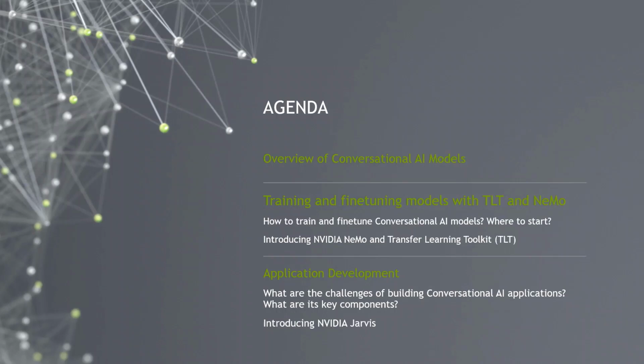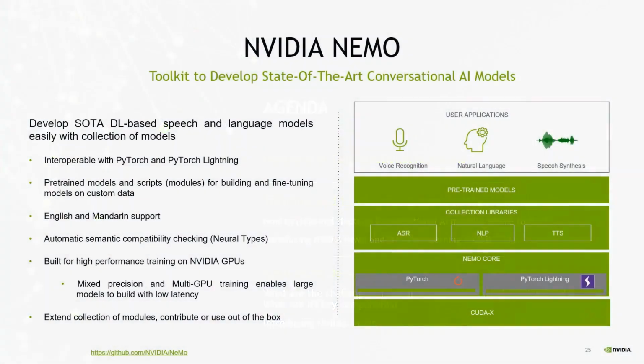Now, let's see how to start building conversational AI models. In the next slides, we will introduce NVIDIA NeMo and Transfer Learning Toolkit, allowing us to train models and fine-tune them on custom data. NeMo, for Neural Modules, is an open-source toolkit aiming to simplify building conversational AI with state-of-the-art deep learning-based models. NeMo has several features allowing it to hide the complexity of such pipelines. It divides the network into essential components such as the data loader, encoder, and decoder, simplifying experimentation for the best architecture.